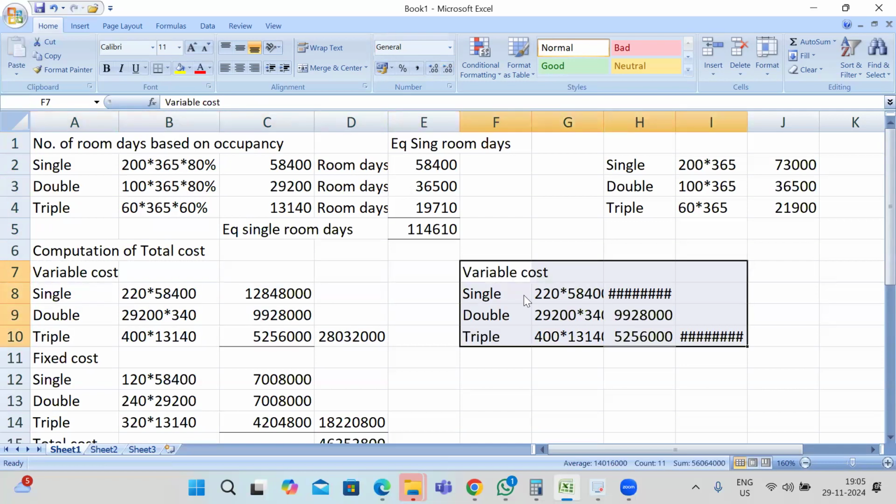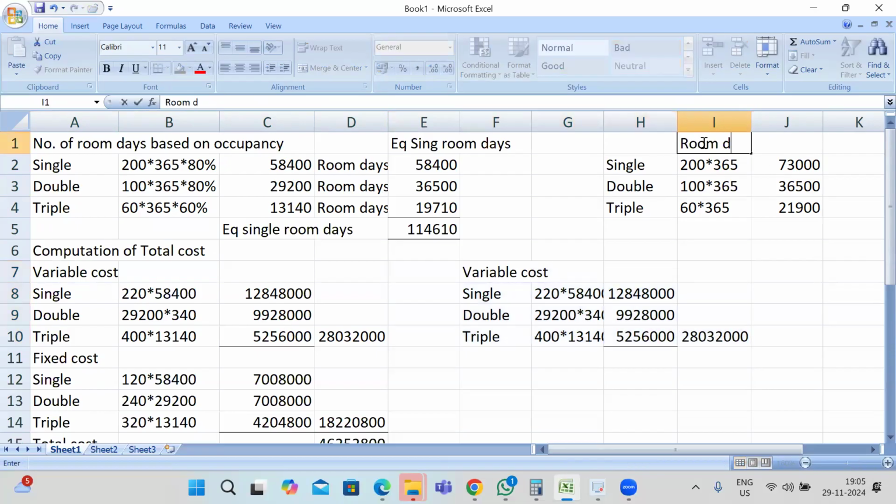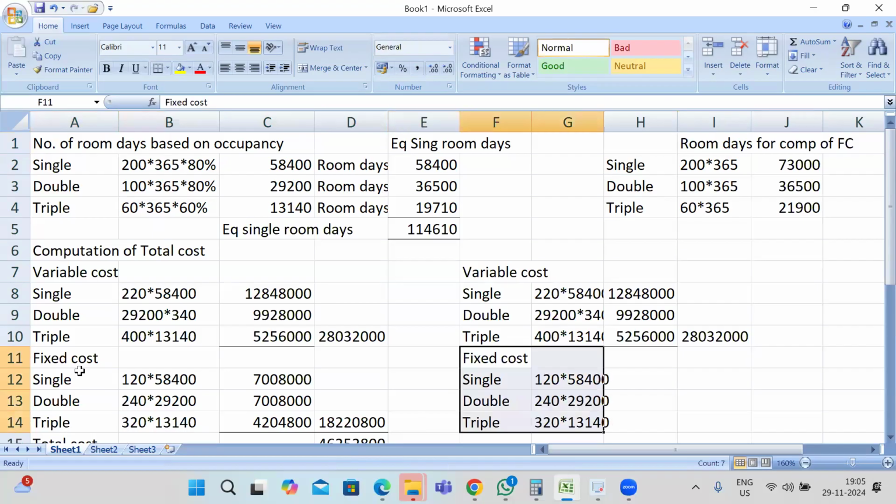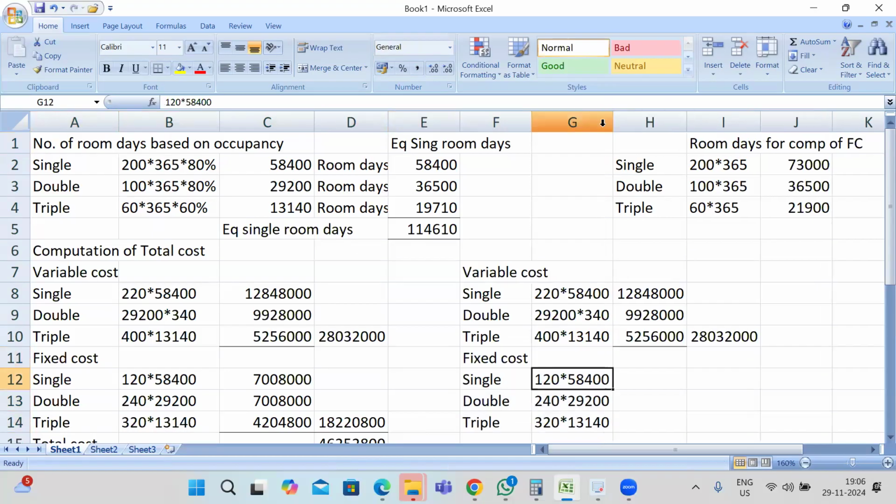So fixed cost is based on my room days without occupancy. This is only for computation of fixed cost. So my fixed cost will be 120 into 73,000.